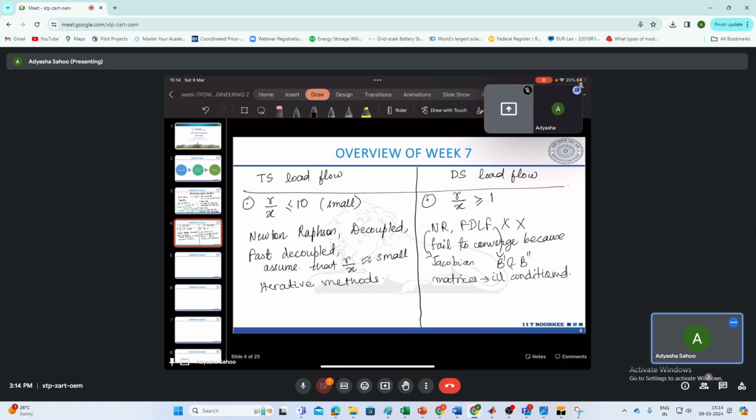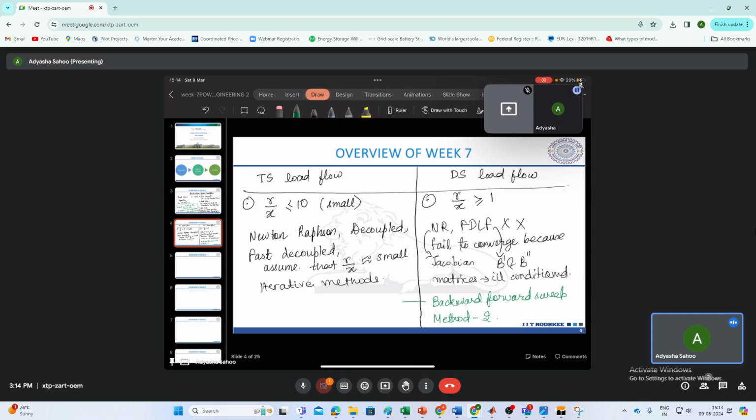So for this, we will study separate algorithms for the distribution system. Basically, we will be studying what is popularly known as the backward forward sweep algorithm, and another method too, which is similar to this.